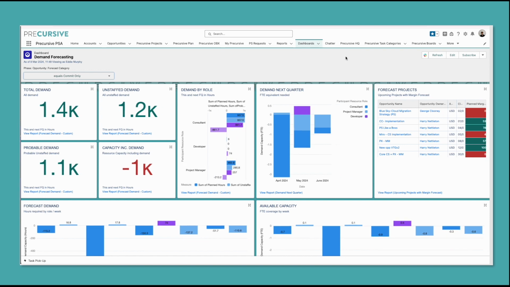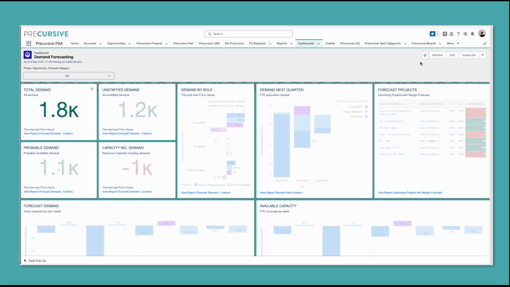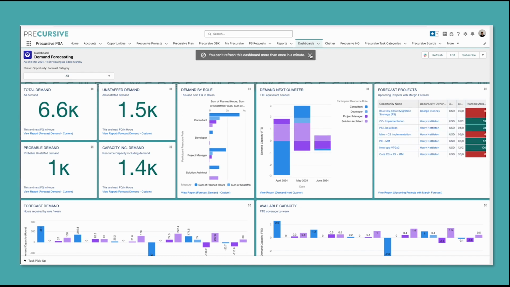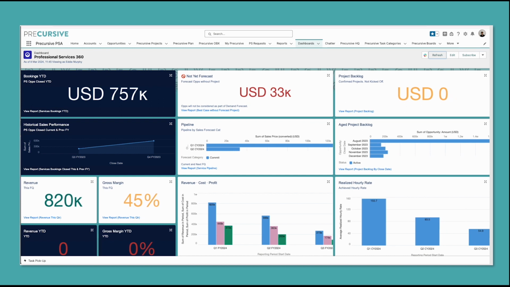If we come back over here now and refresh this page, which I can't do because it's just refreshed, we would see the impact on that capacity. I'll come back here in a minute.